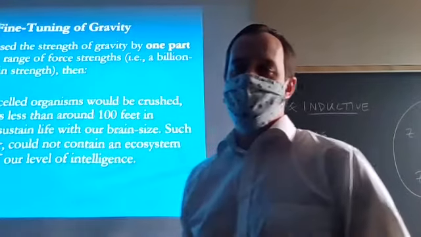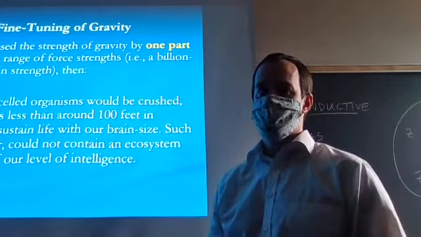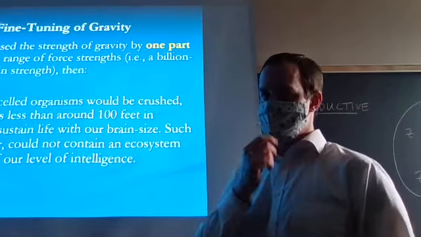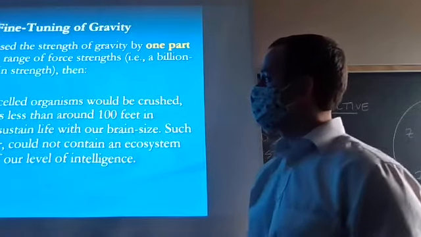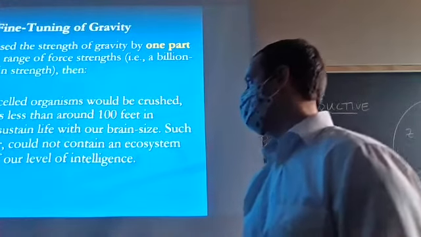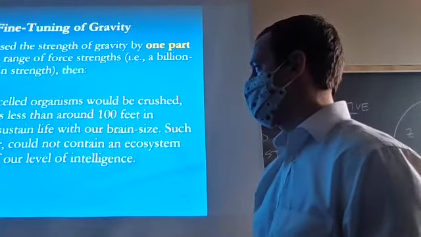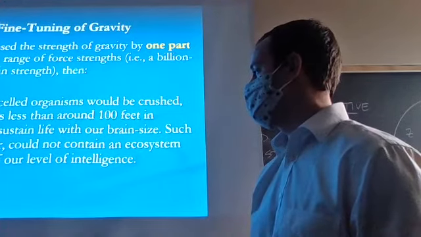If one increased the strength of gravity by 1 part in 10 to the 34th of the range of force strengths, then even single-celled organisms would be crushed, and only planets less than around 100 feet in diameter could sustain life with our brain size. Such planets, however, could not contain an ecosystem to support life of our level of intelligence.